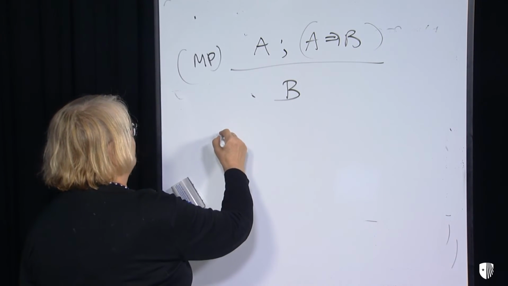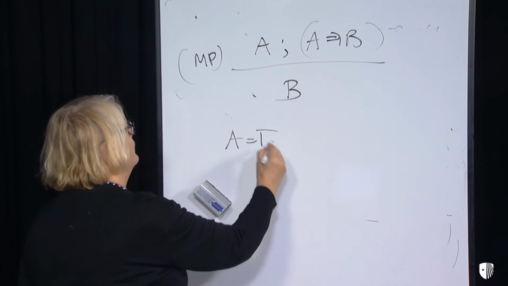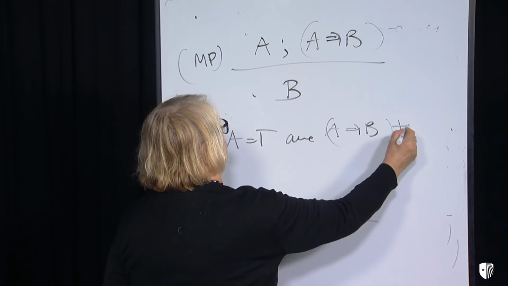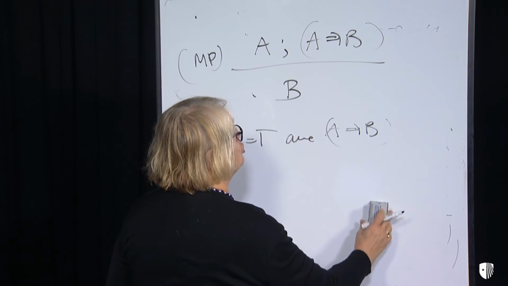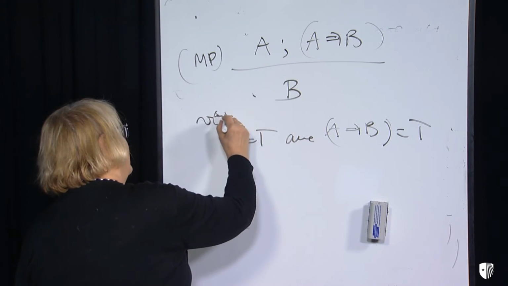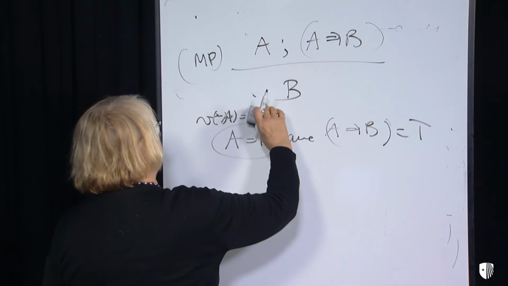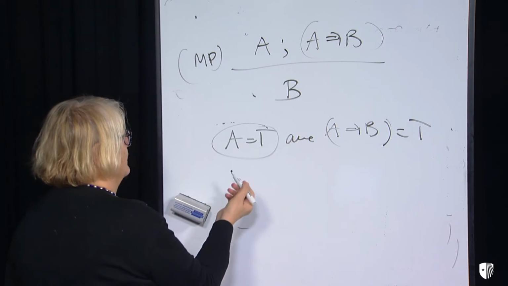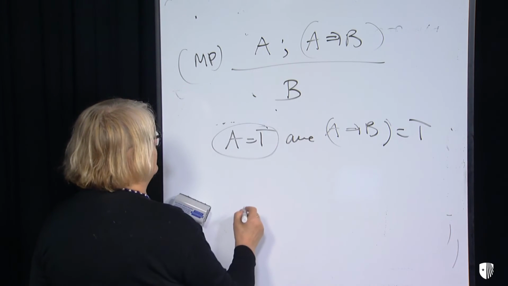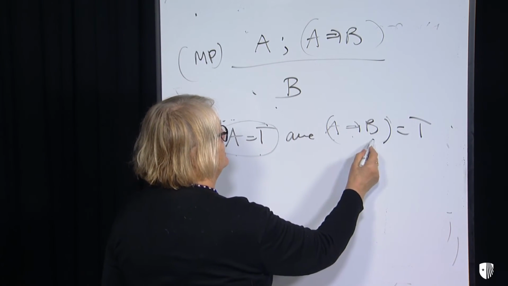Sound means, in shorthand notation, that A is true and A implies B is evaluated into T. This is a shorthand notation, instead of writing V star of A equal T, we can write it for any V. So what we have to evaluate is the value of B. A is true, A implies B is true.